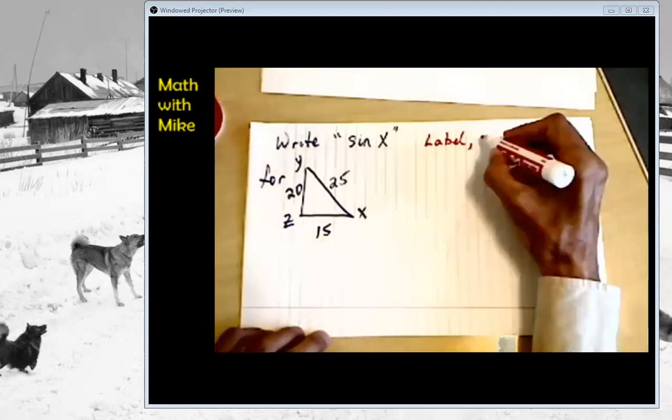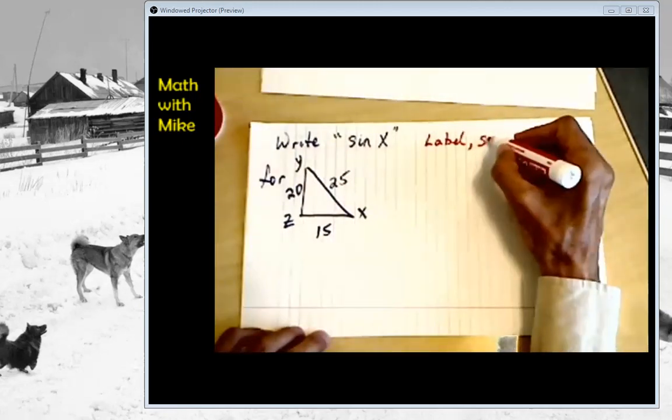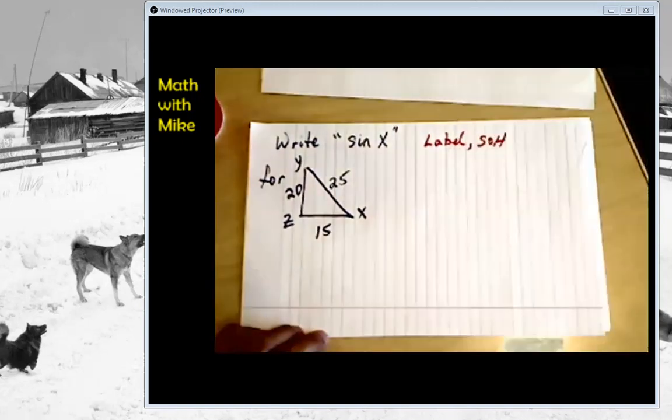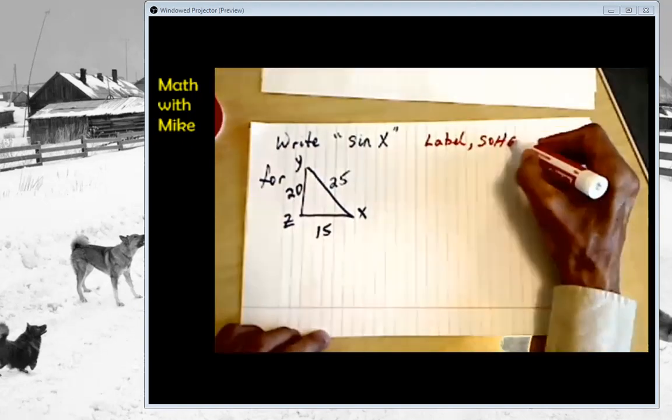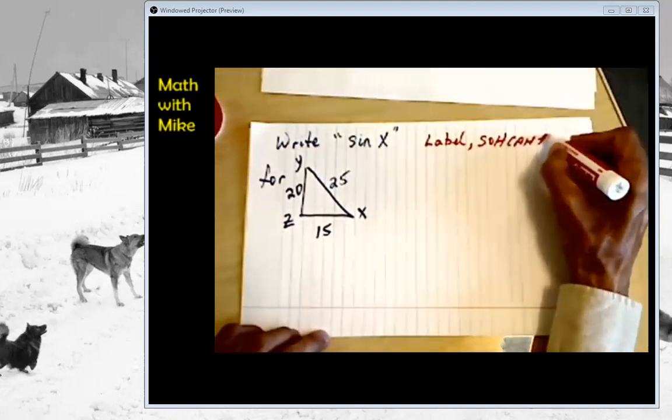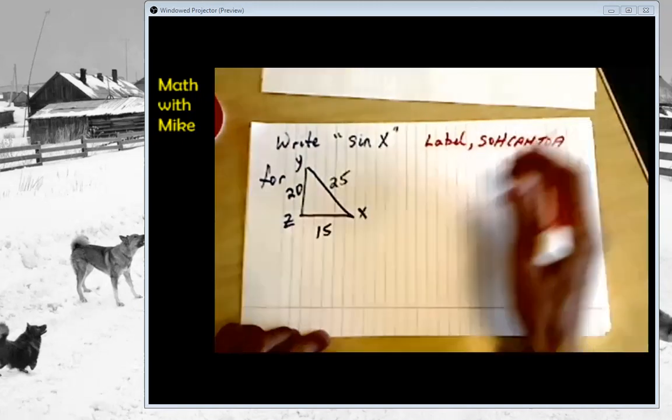And then we gotta select the sides that we need from SOHCAHTOA, and then simplify if need be.